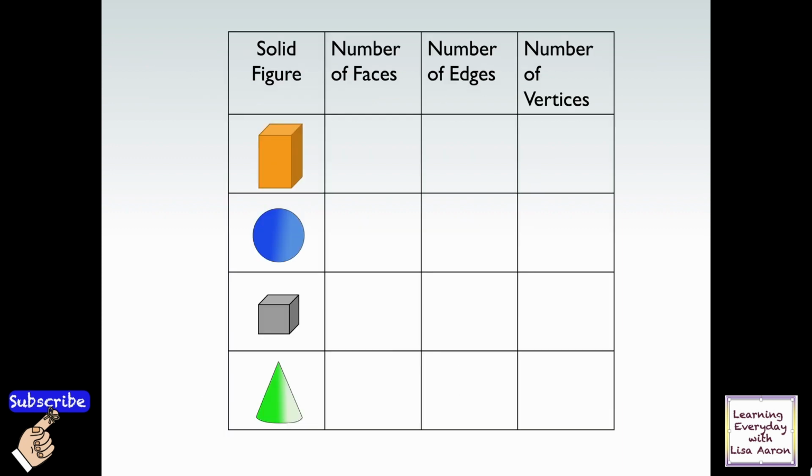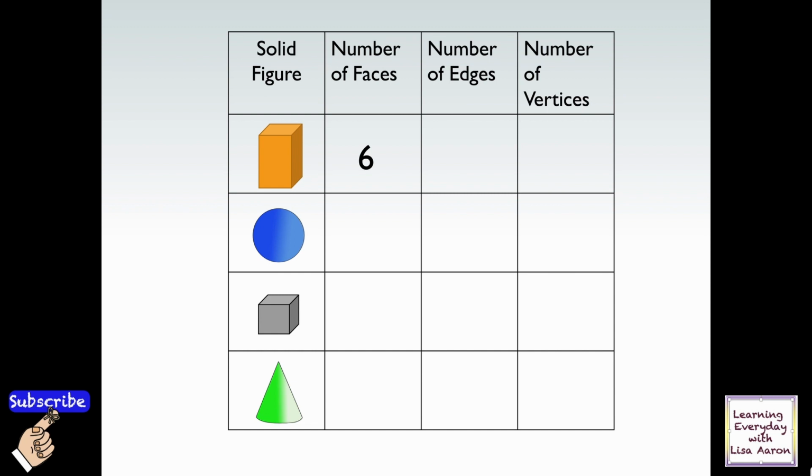Okay, here we have solid figures and the number of faces and the number of edges and the number of vertices. The first one that's orange, I see 1 on top, so you got to count 1 on the bottom, and there's 4 going around the square, so 4, 5, 6.